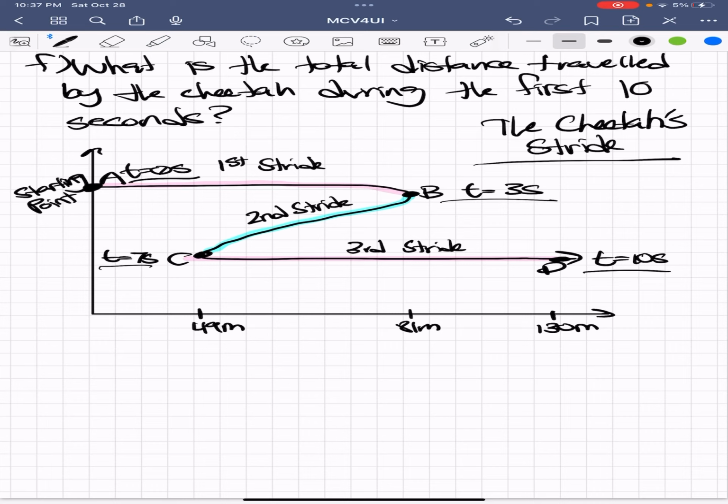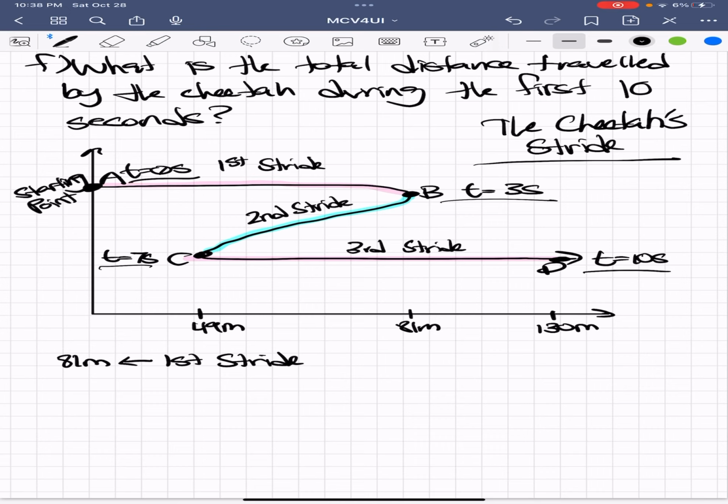So we have 81 meters, and that's the first stride, because the distance from A to B is 81 meters at point B. That's the distance from the starting point to B is 81 meters, so that's the first stride. Quite an easy one, I would say.